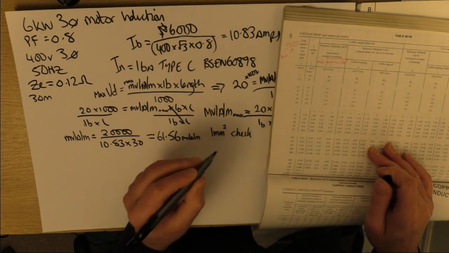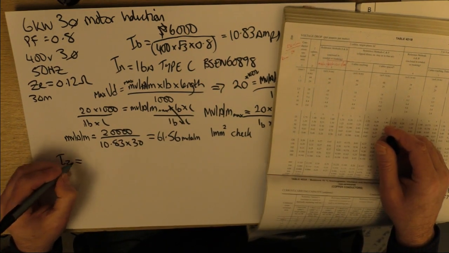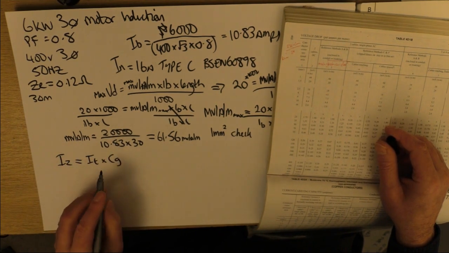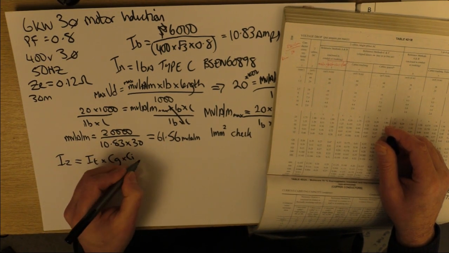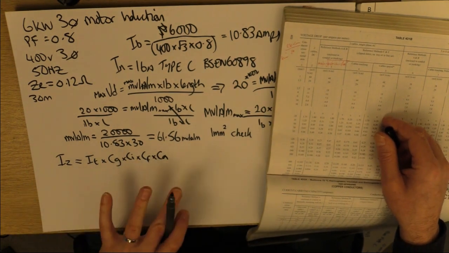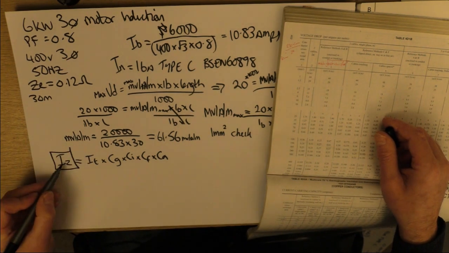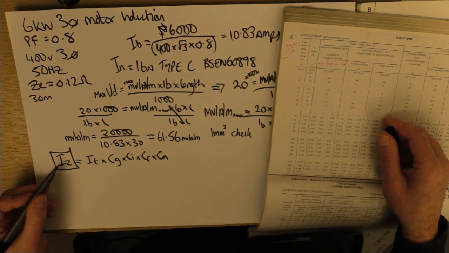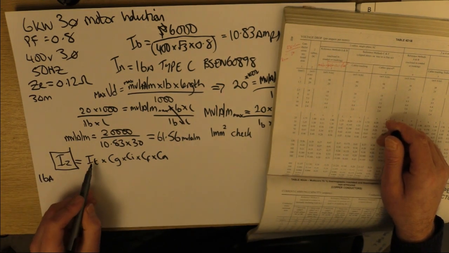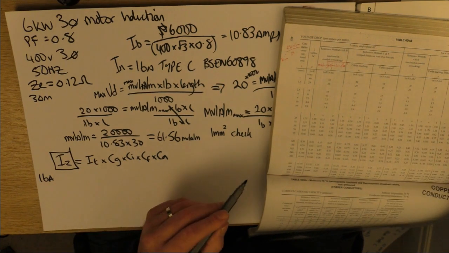So we need to check, this is how we do it. We're working a little bit backwards, and what we want is that to be equal to or greater than our IN, which is 16 amp in this case. So we need the IT value for the 1 mil in those circumstances.